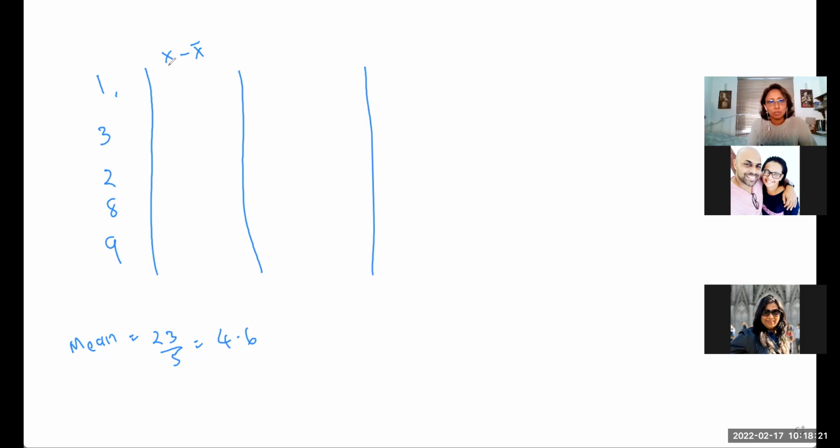Okay. Yes. So now we are going to first of all see the distance for each score from the mean, because now we have to calculate the standard deviation. So first of all, we have to get the variance. So 1 minus 4.6 would be minus 3.6, agreed? 3 minus 4.6 is minus 1.6. 2 minus 4.6 is minus 2.6.